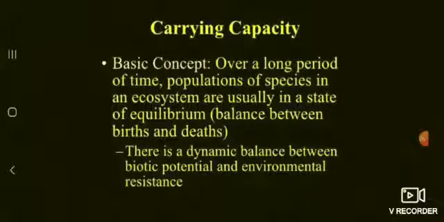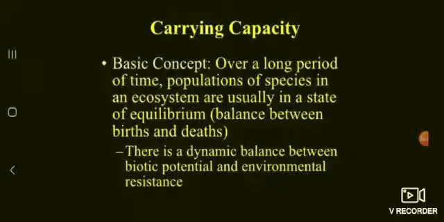Now the next characteristic is called carrying capacity. So, carrying capacity is the feeding capacity of an environment, of an ecosystem for a population of a species under a provided set of conditions. It is also defined as the level beyond which no major increase can occur.